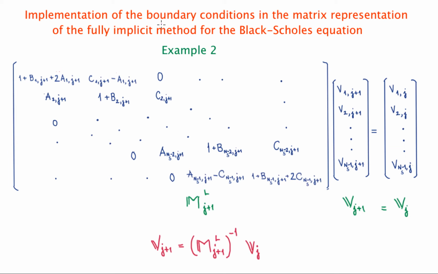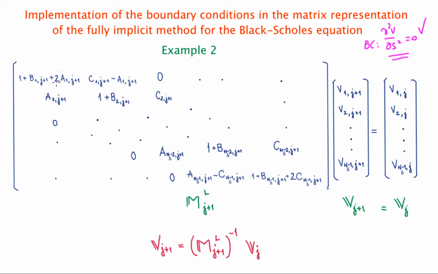The one that already includes the general boundary conditions that we have just considered, corresponding to the second order partial derivative of the option with respect to S equal to 0 at both sides, at S equals 0 and S equals max. So in this matrix representation, these boundary conditions are already included.